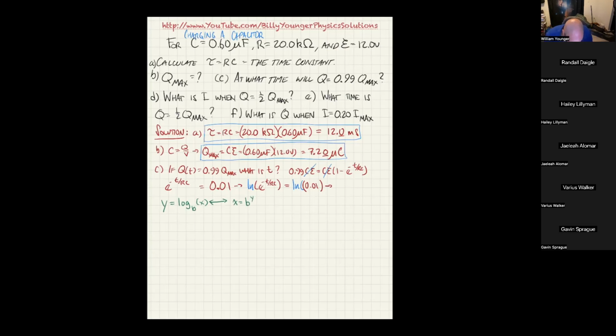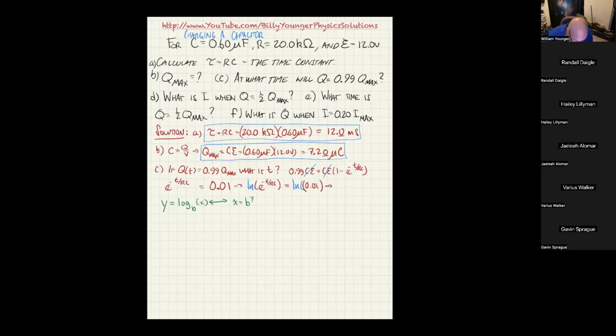So looking at that, I can see that basically the natural log of e to the negative t over RC is just negative t over RC times the natural log of e, which is in fact just 1. The natural log of e is just 1. So that's the part that I see from the green expression I wrote here.